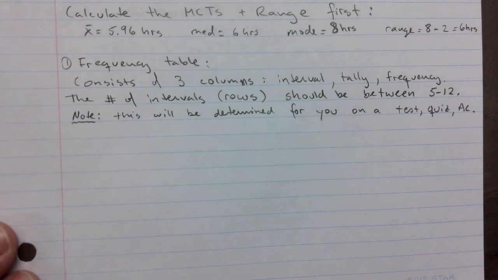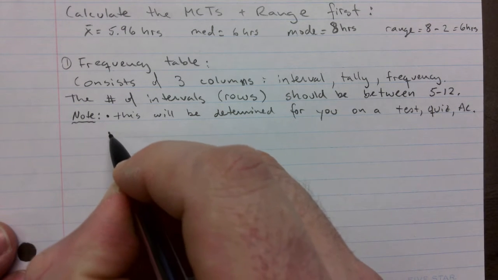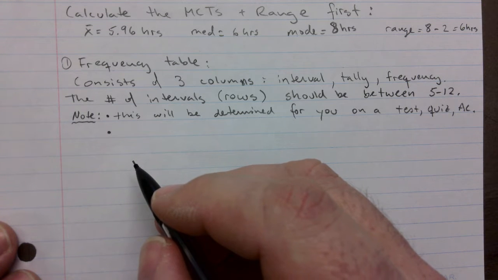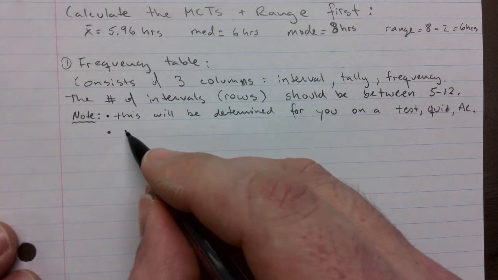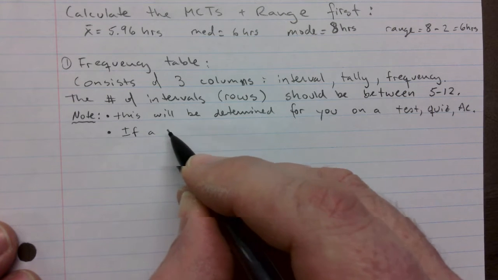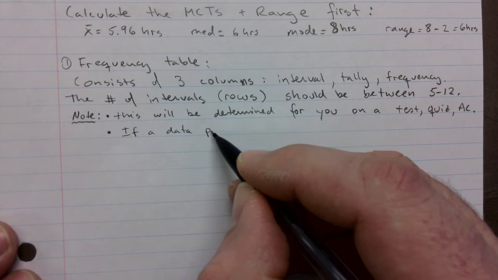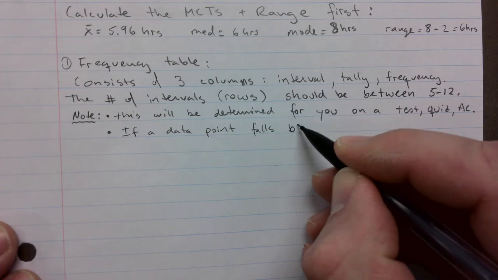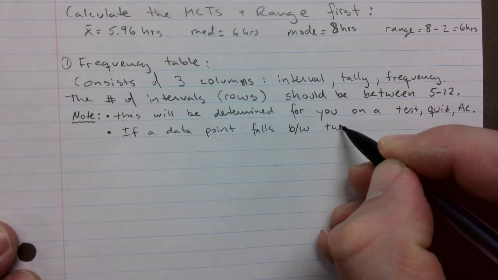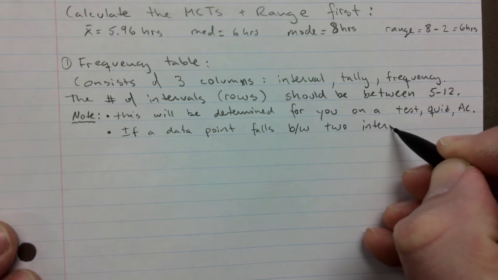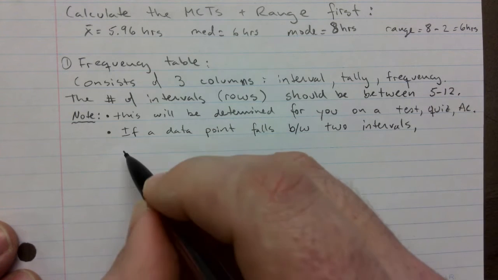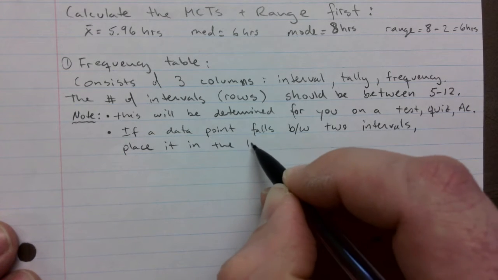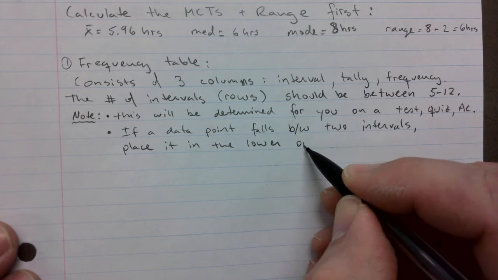Another note, this is basically a bullet there. Another bullet is: if a data point falls between 2 intervals, place it in the lower one.